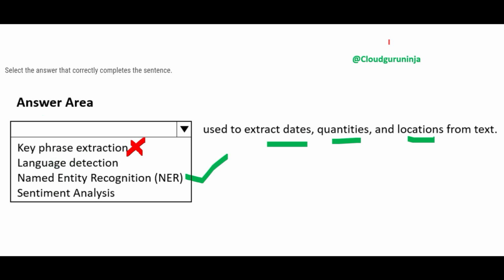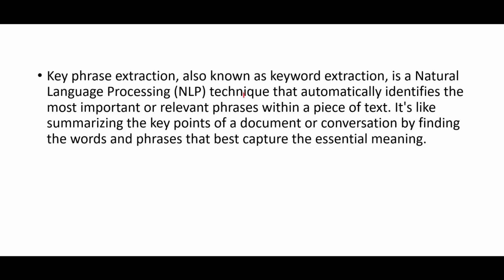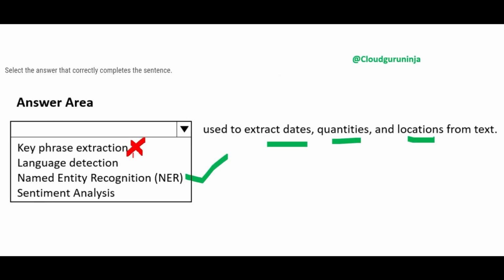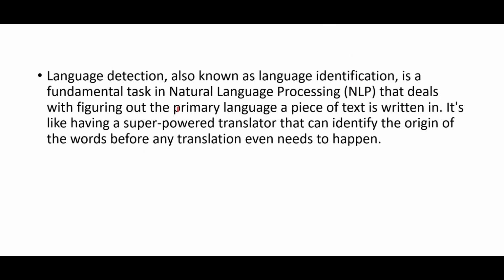Key phrase extraction is wrong. It is an NLP technique that automatically identifies the most important and relevant phrases in a piece of text. You have a paragraph and it tries to identify which phrases are very important from a conversation standpoint. Language detection, as the name suggests, tries to detect the language. Is it Japanese, is it English, and so on. It is part of NLP, but it is trying to figure out the primary language of the piece of text.